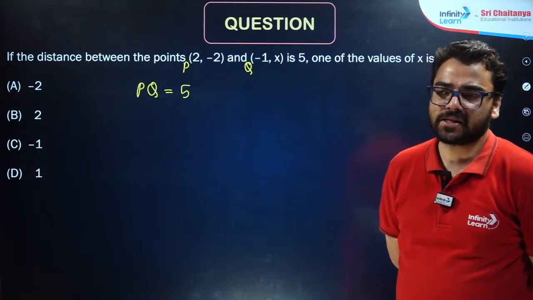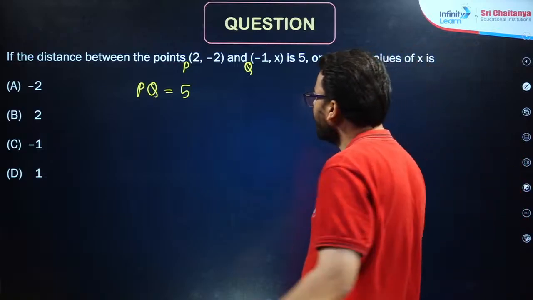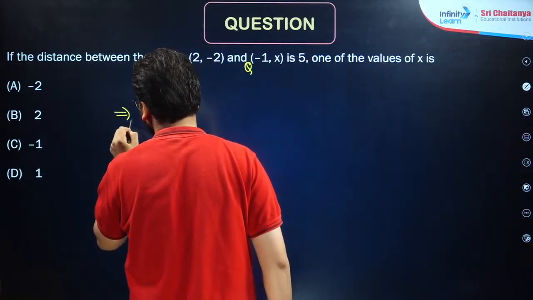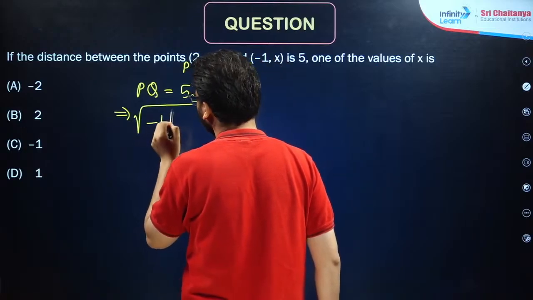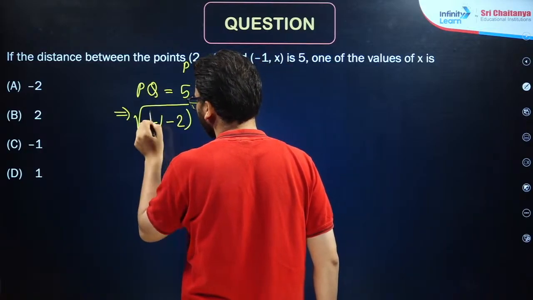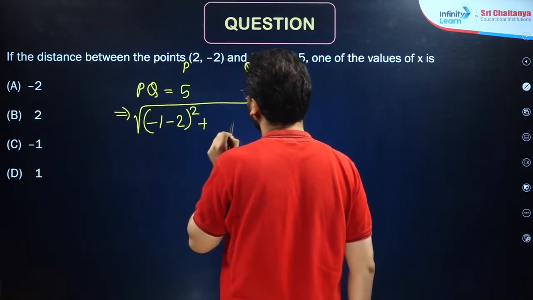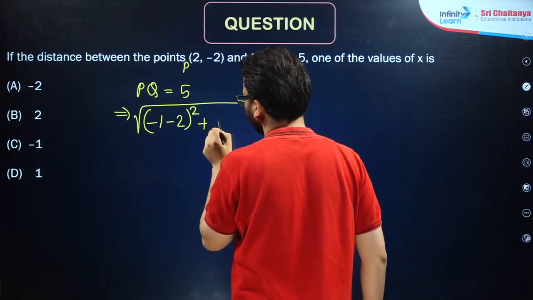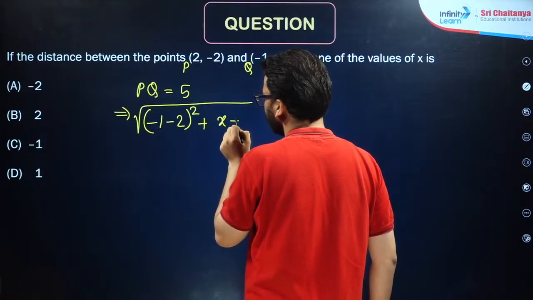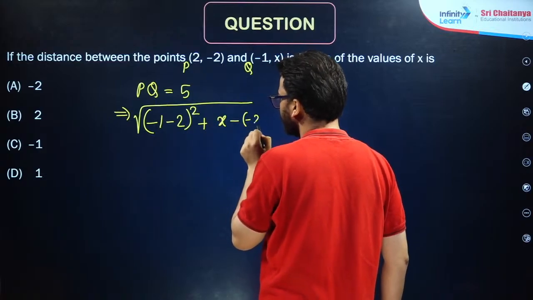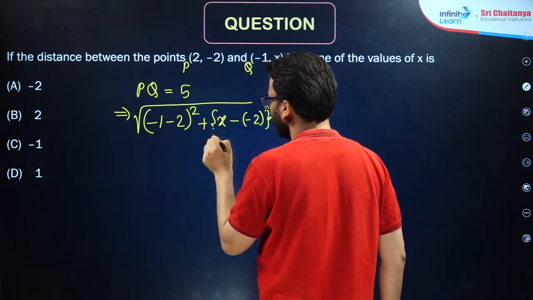So using the distance formula, you can find PQ, right? PQ will be what? Square root of x2 minus x1 the whole square, that is x minus minus 2 the whole square, plus y2 minus y1 the whole square. So this is coming from the formula and it's already minus 2, so 2 negative signs will come, right?